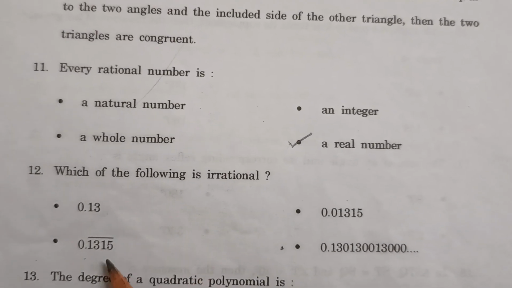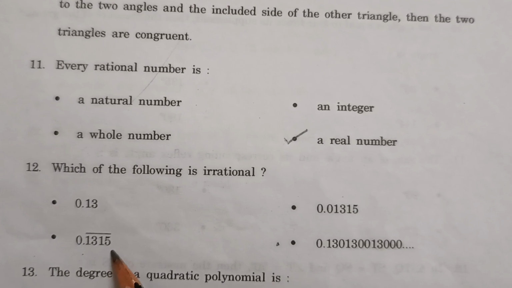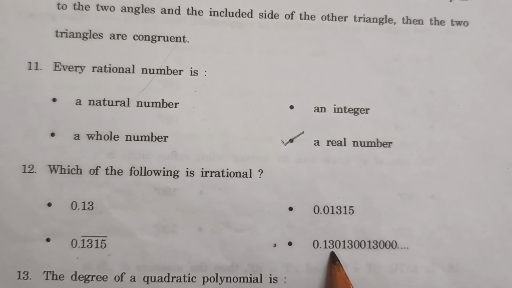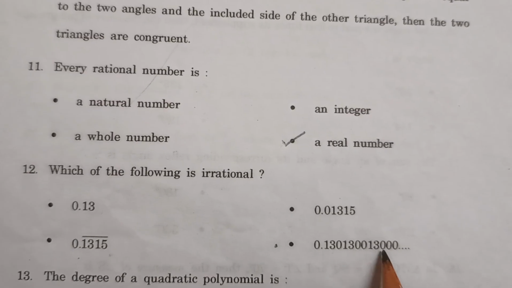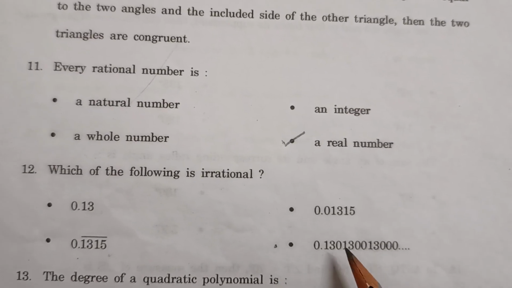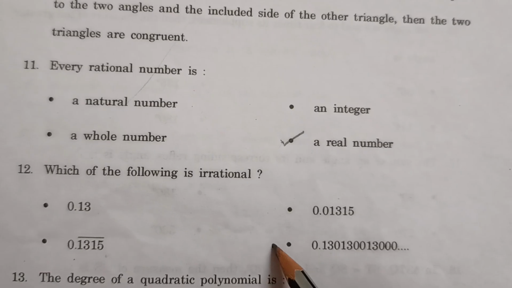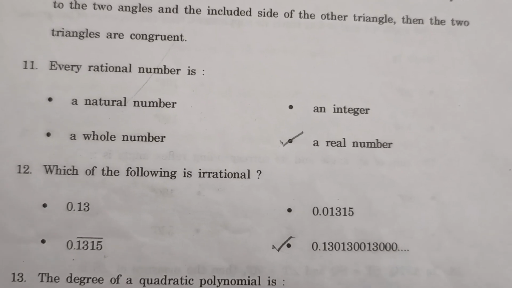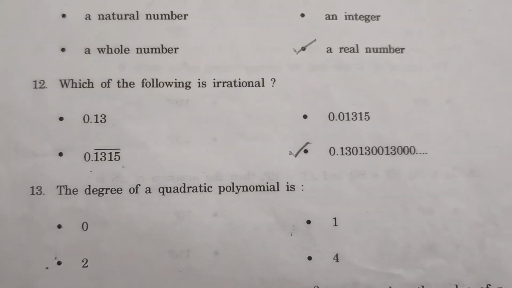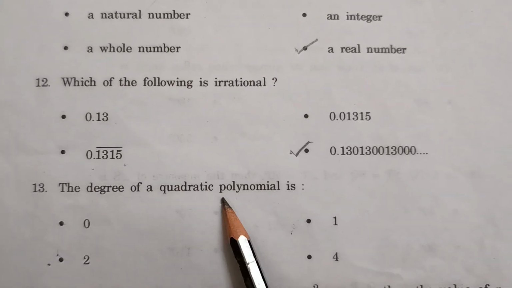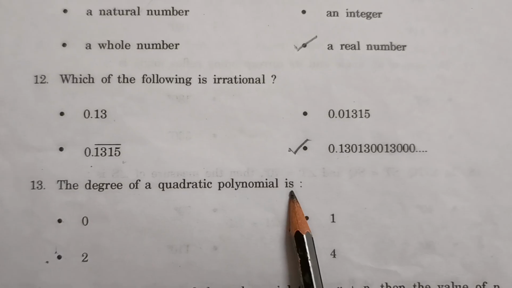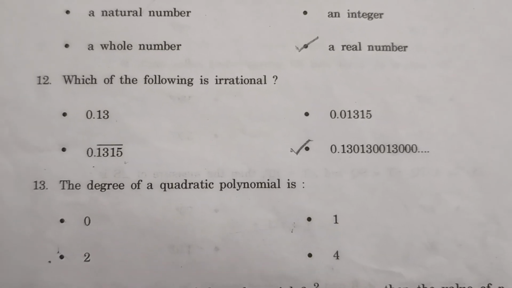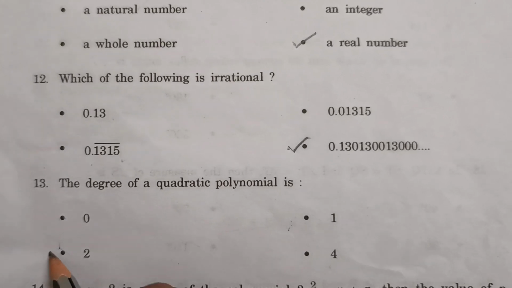Options are 0.13, 0.1315 bar, 0.01315, 0.1301300, and the correct option is 0.1301300. Question number 13. The degree of the quadratic polynomial is. Options are 0, 2, 1 and 4, and the correct option is 2.